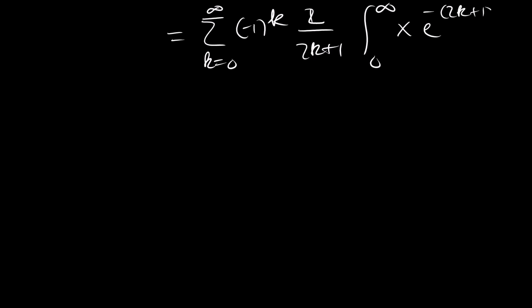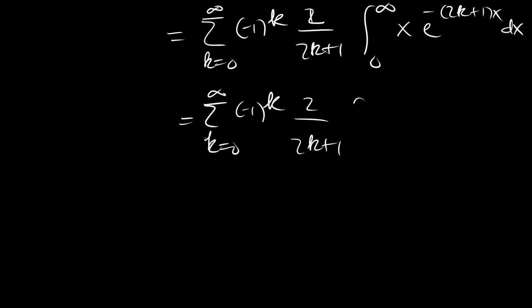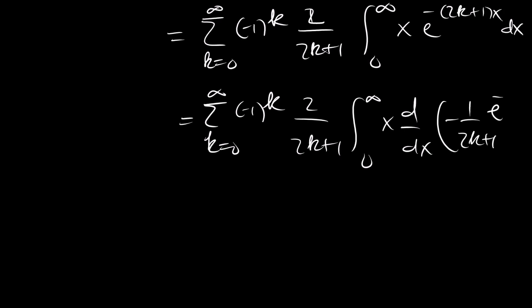Again, this can be represented as 2 over 2k plus 1, the integral from 0 to infinity of x times the derivative of negative 1 over 2k plus 1 e to the power negative 2k plus 1 x dx.